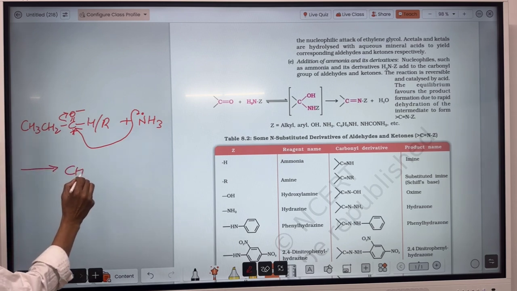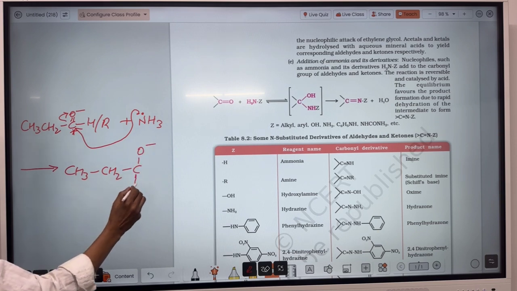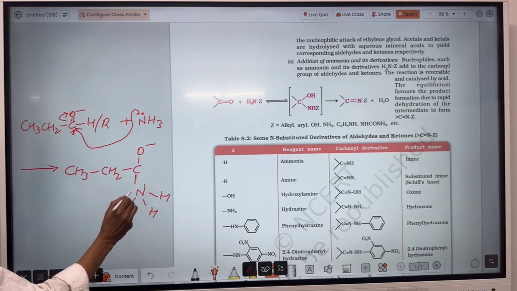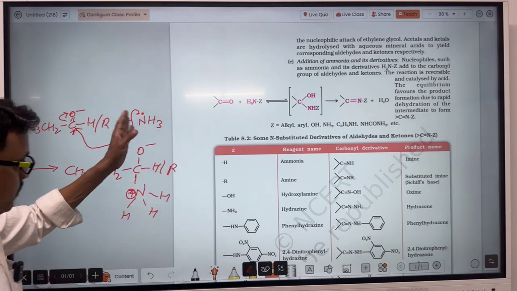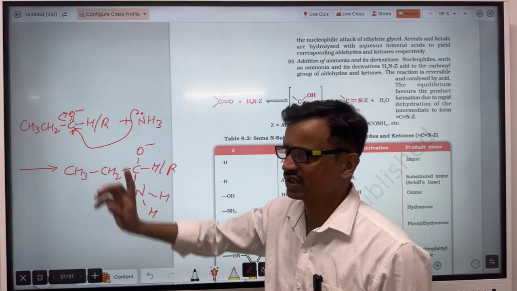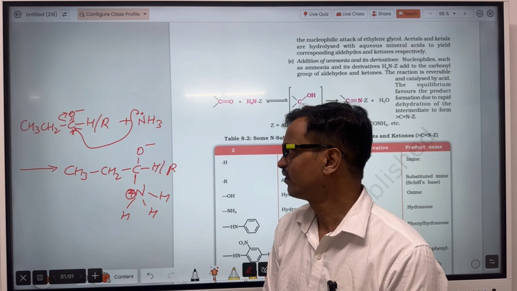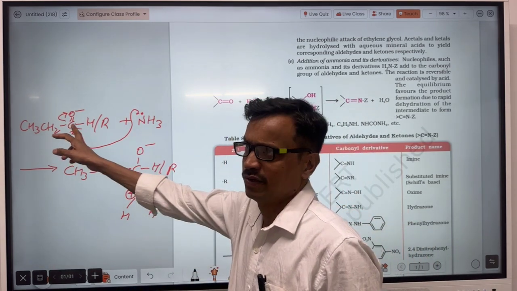So the product will be this firstly. During this course, nitrogen has given one electron to the carbon and through the other electron it has done bond formation. So for the nitrogen there is loss of one electron and here it was positive.